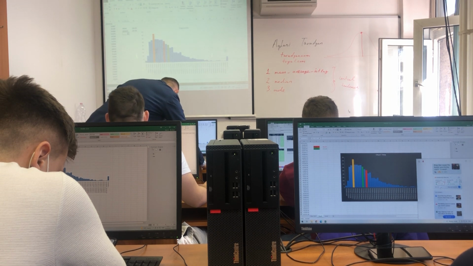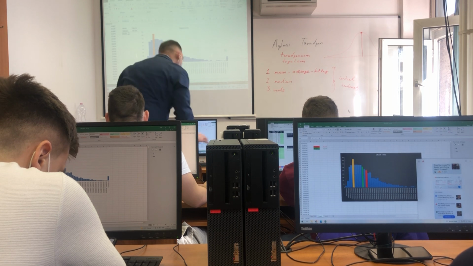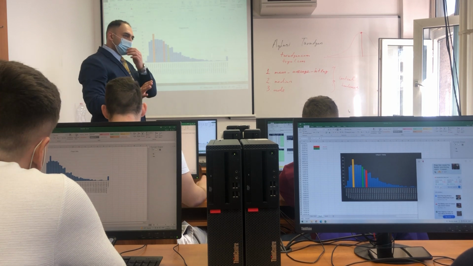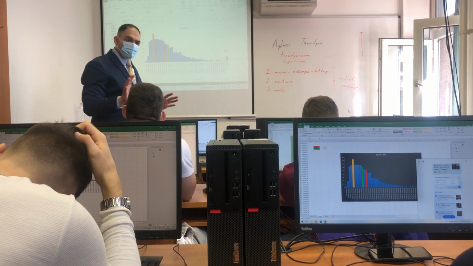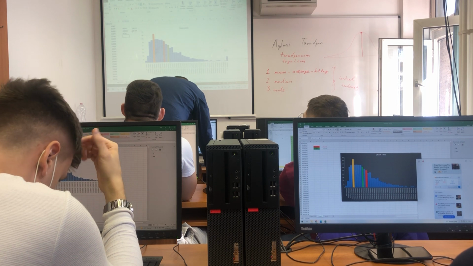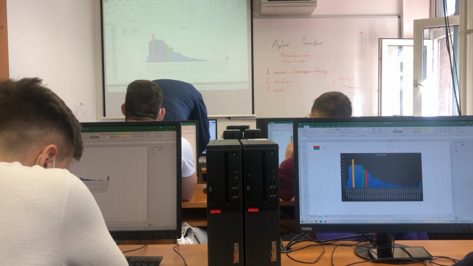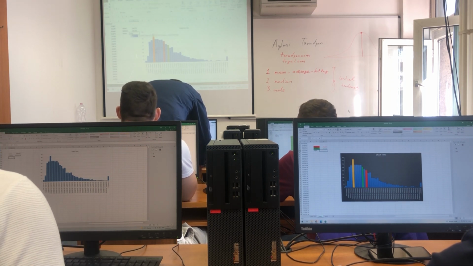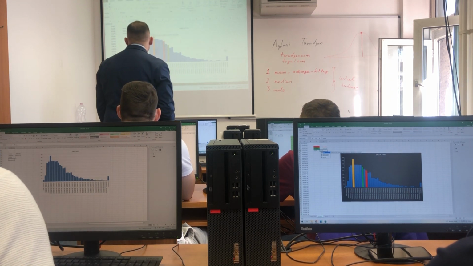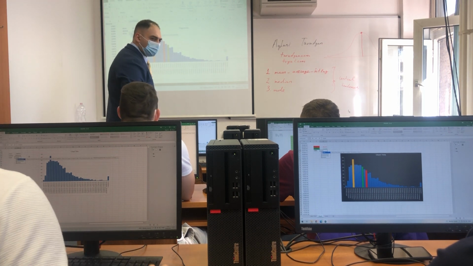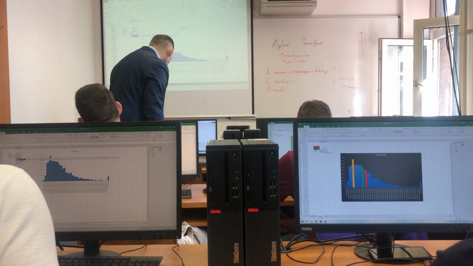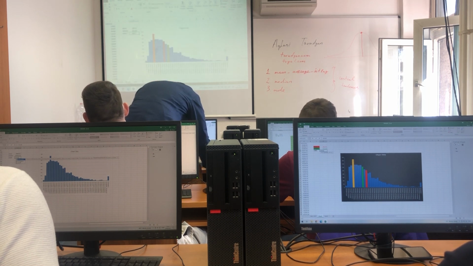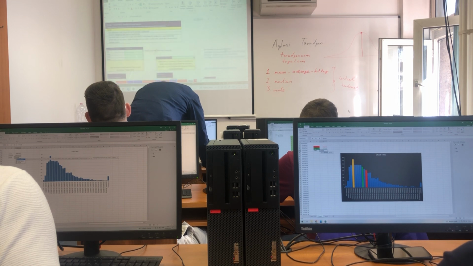Let's calculate the mode. Once again, I don't advise using mode on samples, but in this case we are going to do that. There is no mode function in, I don't know how it will be in Hungarian. Let's see. Median and where is mode?